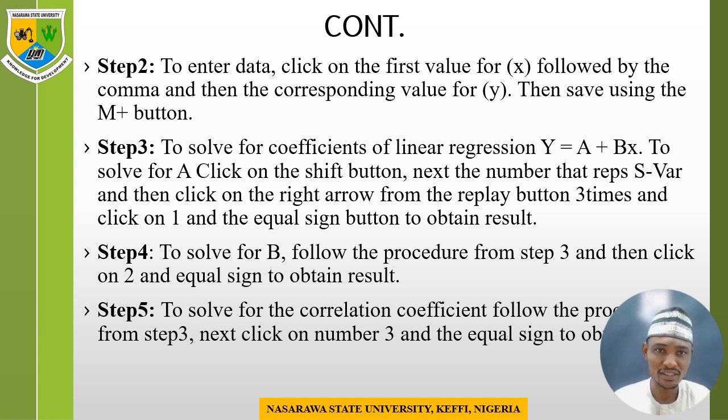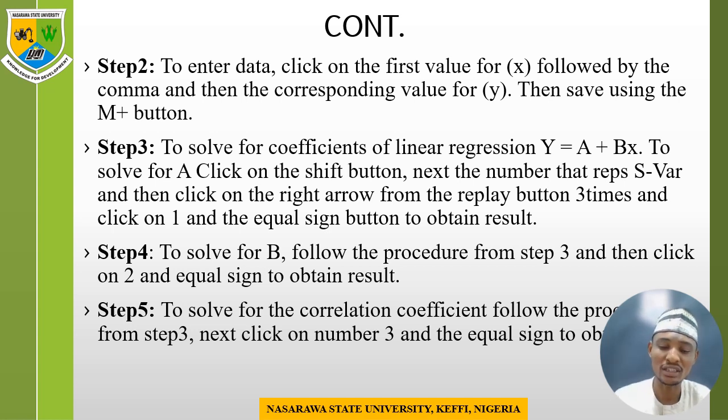We also have step 3. Now, to solve for the coefficient of a linear regression, this simple linear regression, click on the shift button, then click on the value represented by x bar, and click on the right arrow for display 3 times, then 1 and then the equal sign, and the result will be displayed.